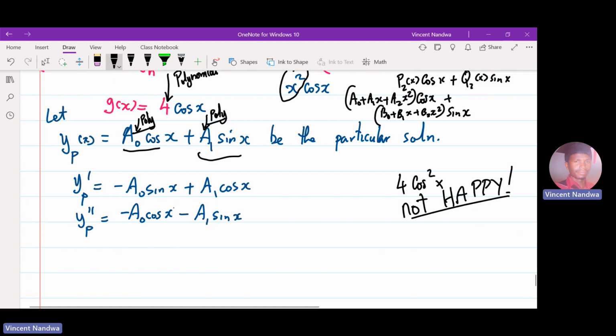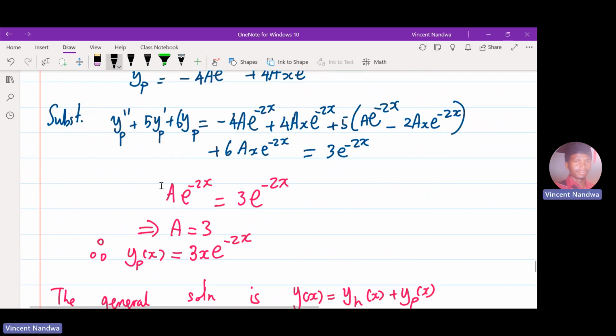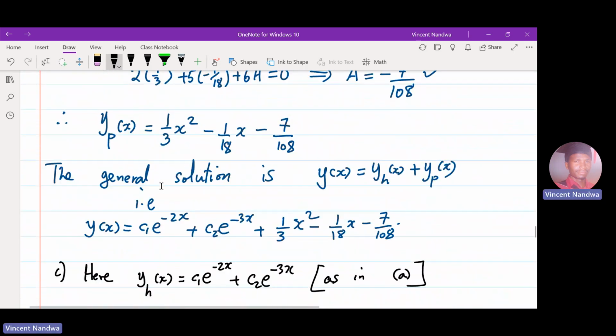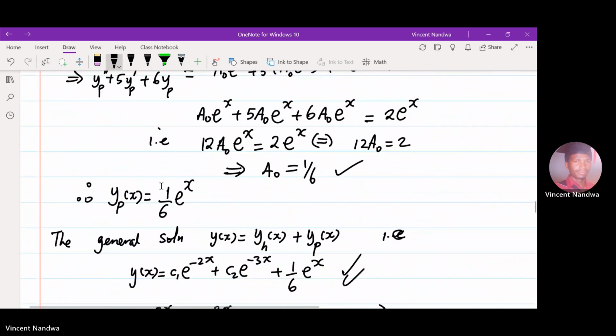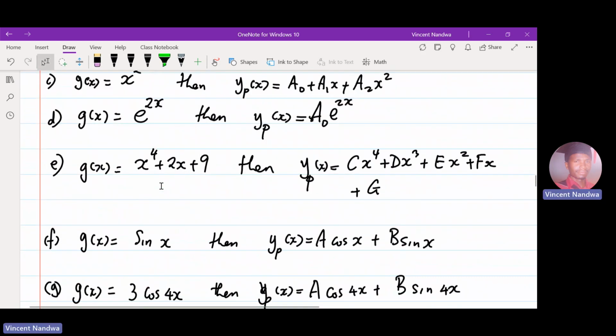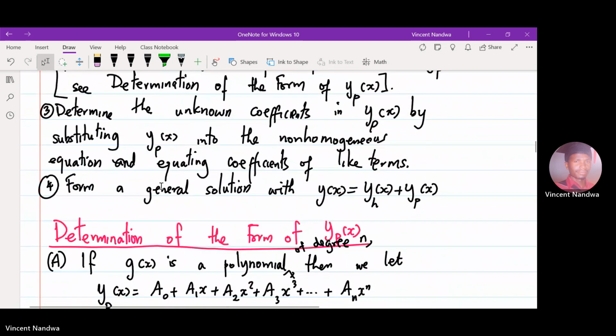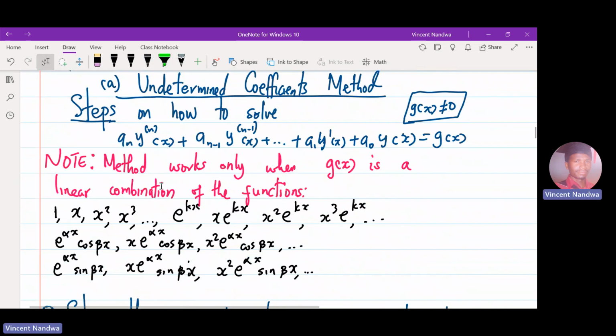Remember, that's why from the start we gave a disclaimer that for this method to work, we need things of this form. It is true that the right-hand side can involve a function of that form. So the equation can be solved, but not by this method.